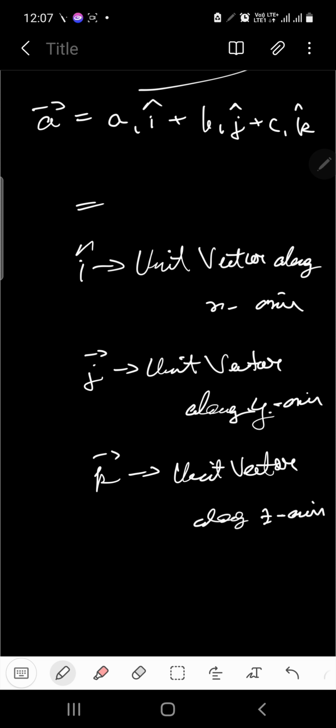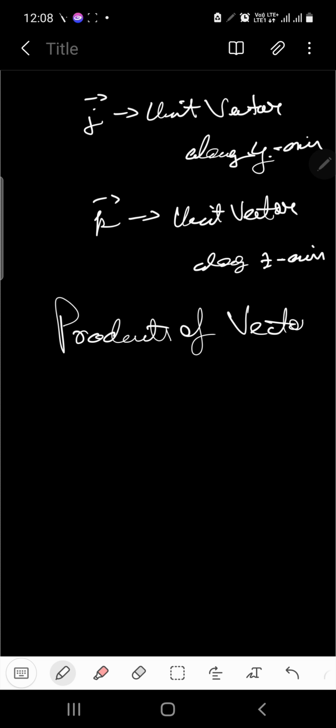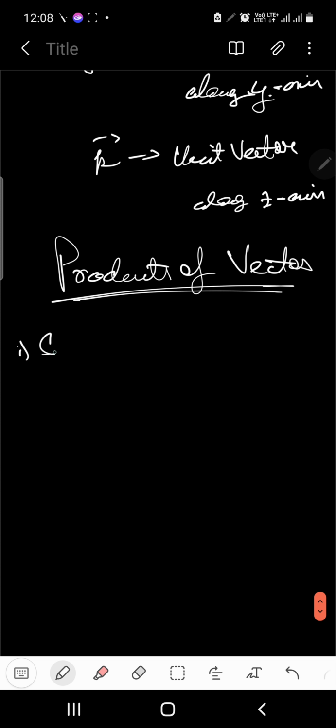Clear? Now we will be talking about what are the products related to vector. So related to vectors, there are three basic products. One is your scalar product, also called dot product.